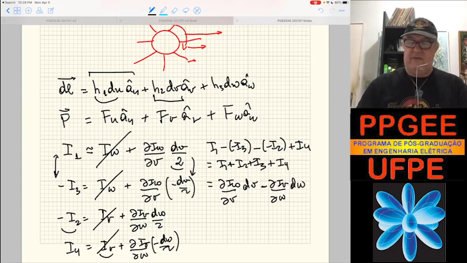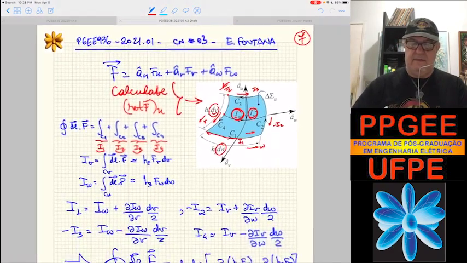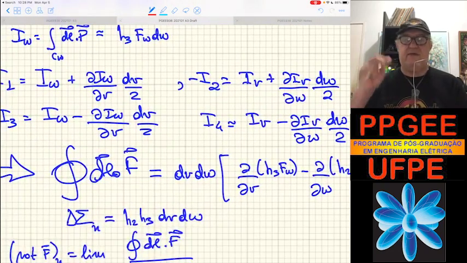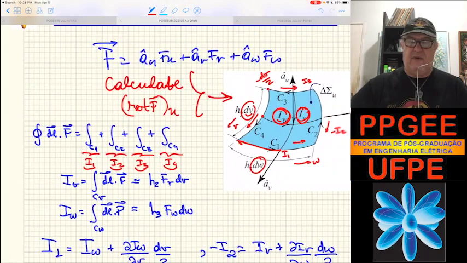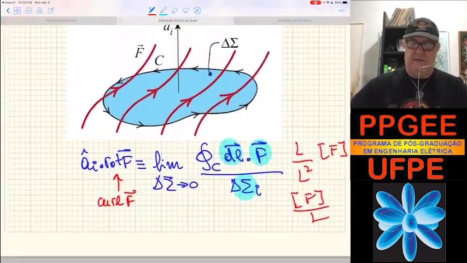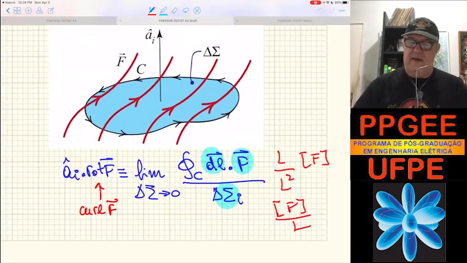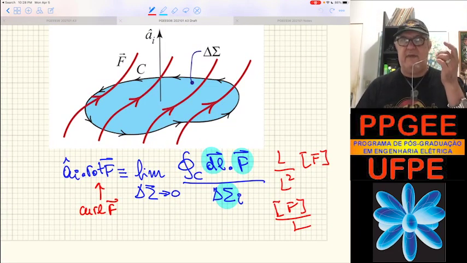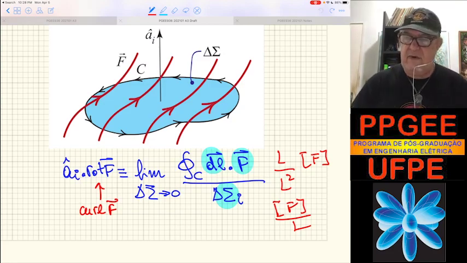So now, this is the result of the calculation. The numerator of the definition, let's recall the definition here. The numerator is the circulation, which is the sum I1 plus I2 plus I3 plus I4.